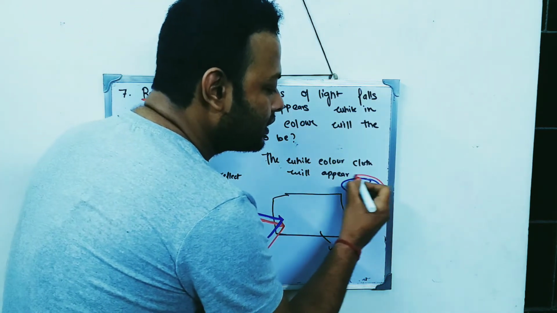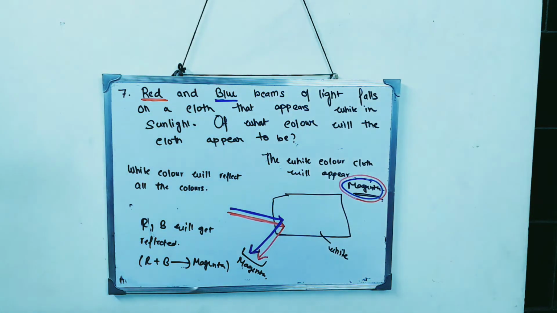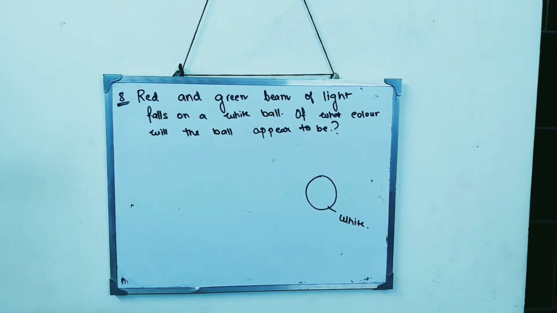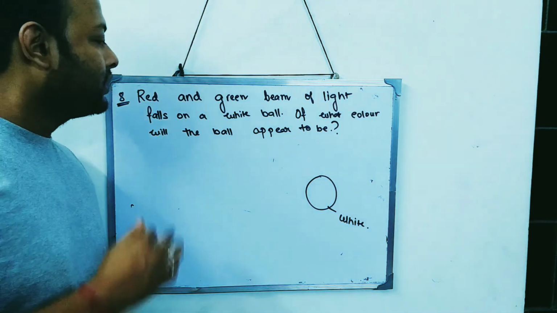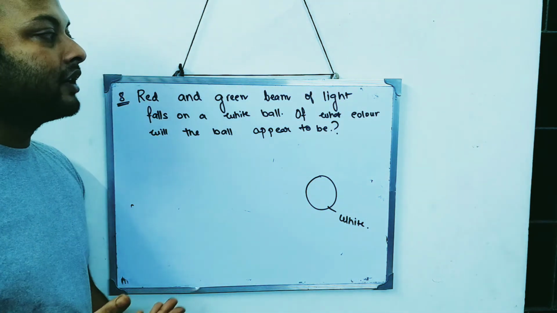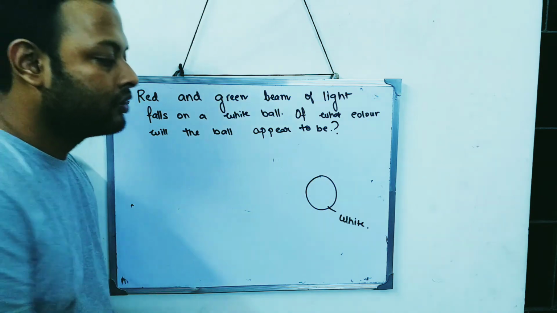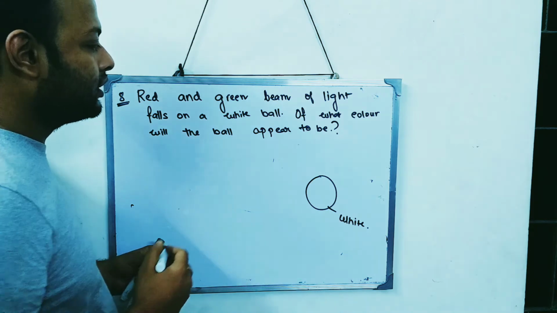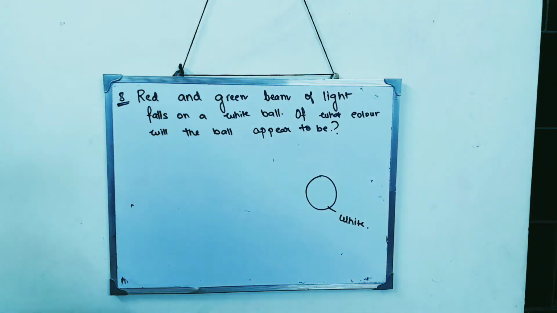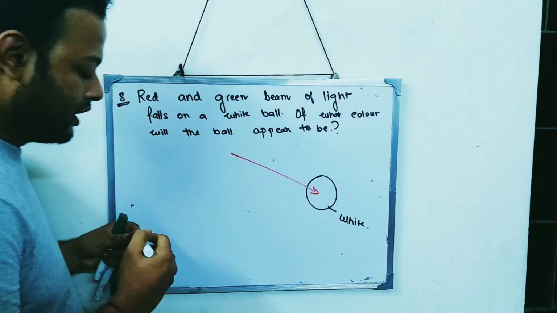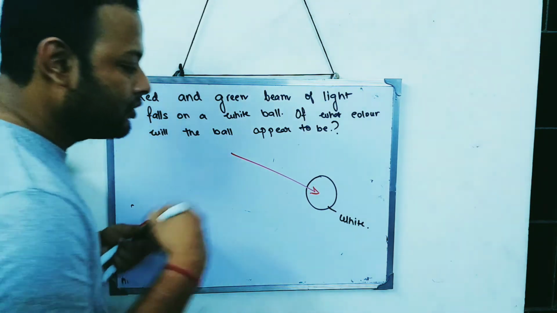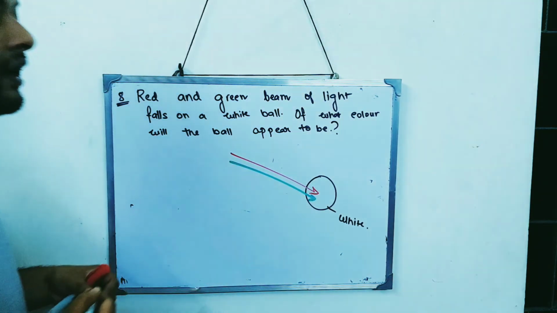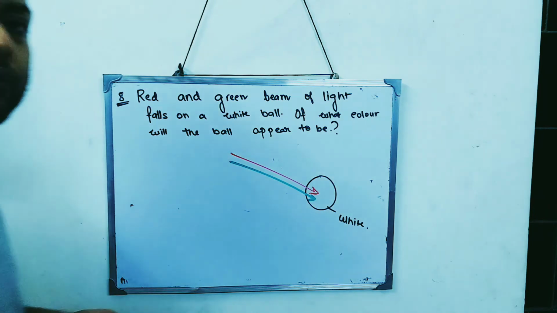Now let's discuss question number 8. In question number 8 it is written, red and green beam of light falls on a white ball. So I will have a white ball with me, and on the white ball the red and the green colors fall. If the red and the green both fall on it, what will happen?